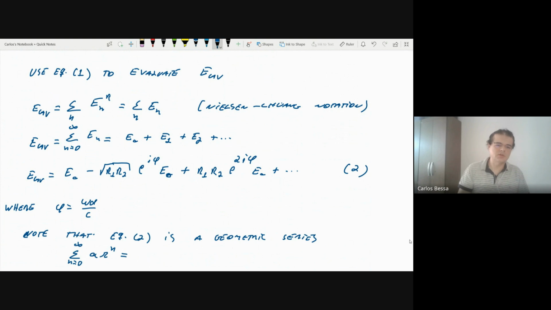This series here is a over 1 minus r, for r smaller than 1. Okay, I can write this, in fact, it's better to write it this way. It's easy to see.